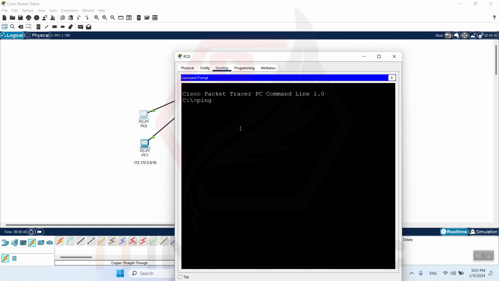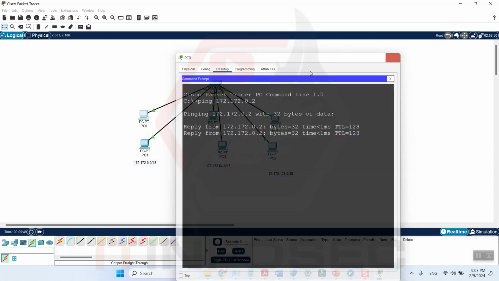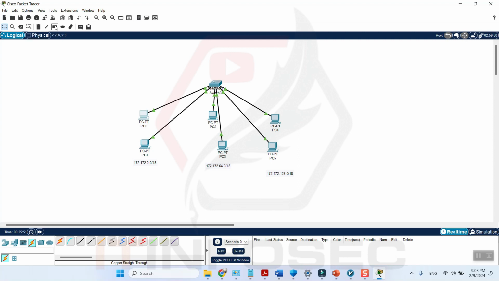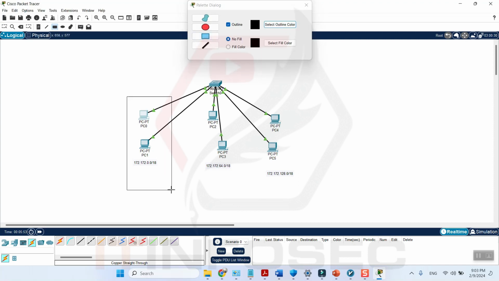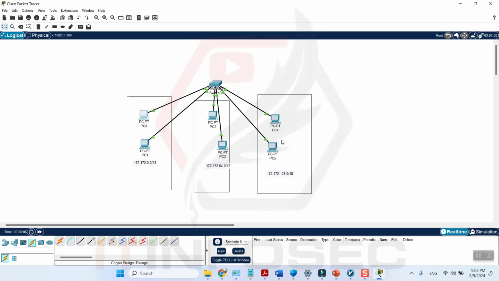Ping 172.172.0.2. These are in the same subnet mask. These two computers are placed in the same subnet mask, and this one too, and okay for the last subnet. We have 3 subnets.